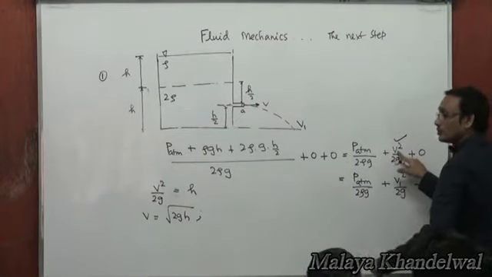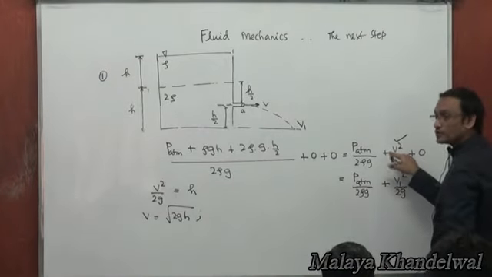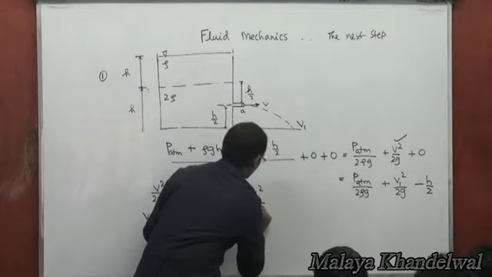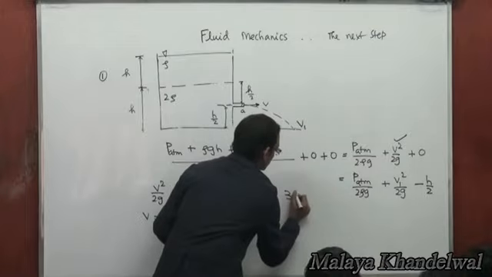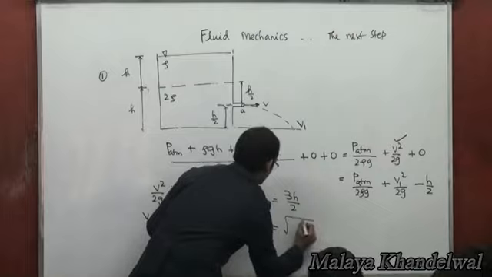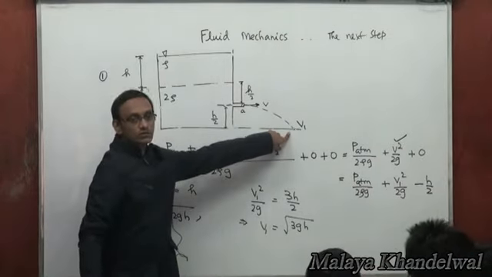If I use these two, plugging in v equal to root 2gh, this will become h plus h by 2, 3h by 2. V1 squared by 2g is 3h by 2, or V1 is root 3gh. That's V1, the velocity on reaching the ground.